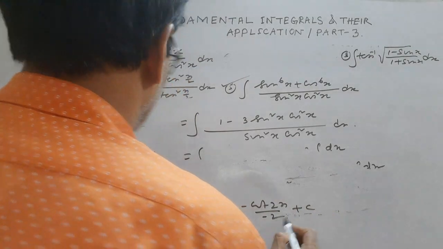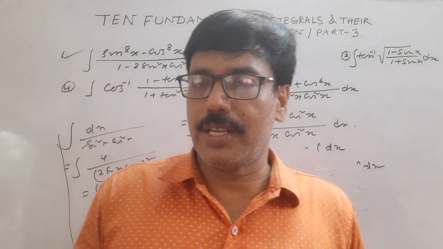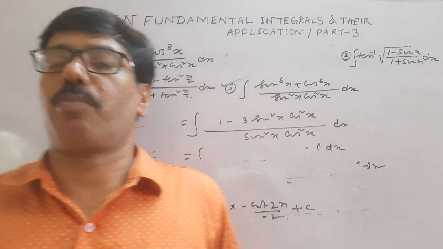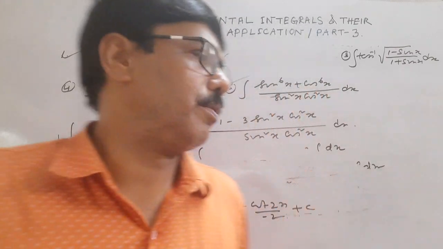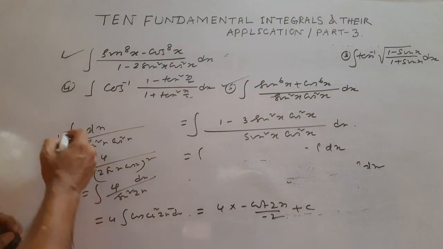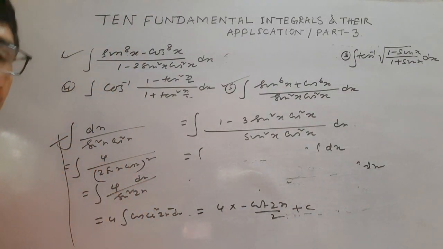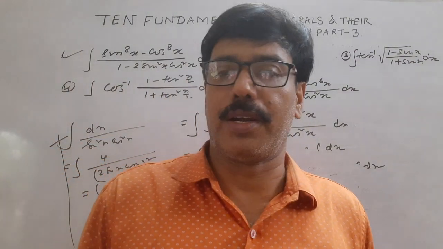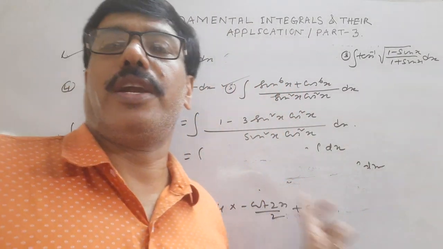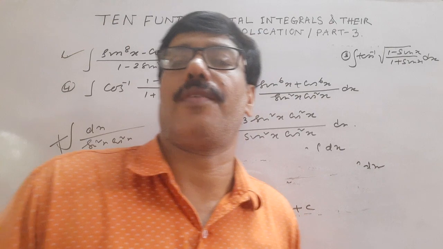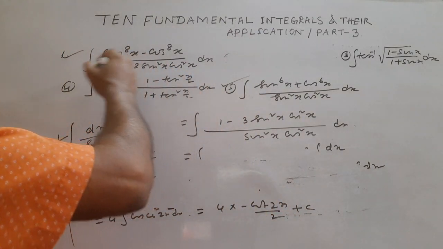You can also use this one. Look, in integration, the form of the answer may be different. If you use this technique, you are getting the answer in this form, but one can be converted into another. If you simplify it, you get the previous answer. Now this one is also the same.